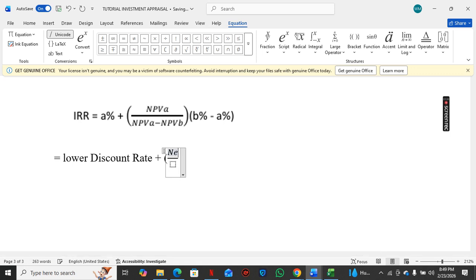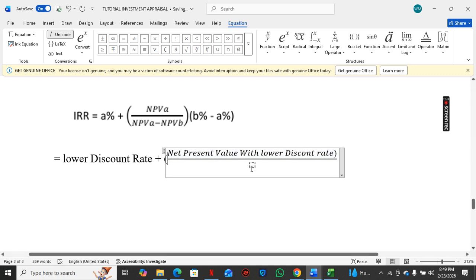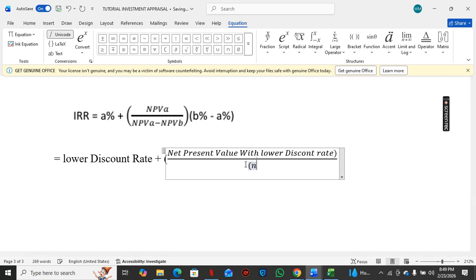Net present value with lower discount rate divided by NPVA, net present value with lower discount rate, minus net present value with higher discount rate. NPV lower rate minus NPV higher rate.